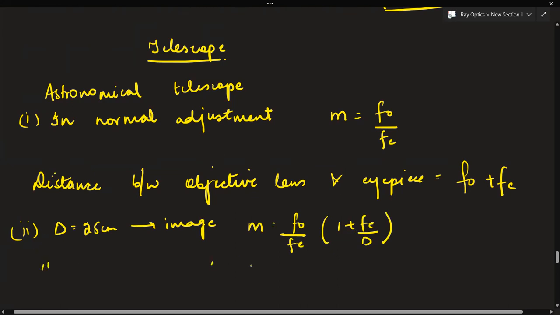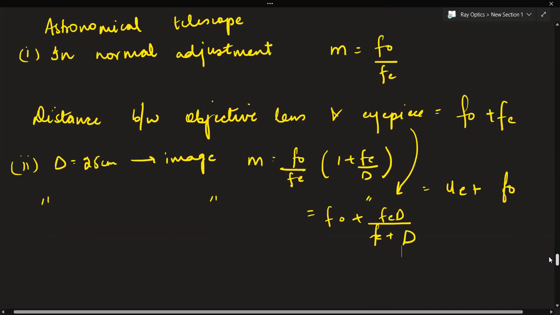This distance between objective and eyepiece becomes UE, meaning image distance of eyepiece plus focal length of objective, which can also be written as f naught plus FE D divided by FE plus capital D.